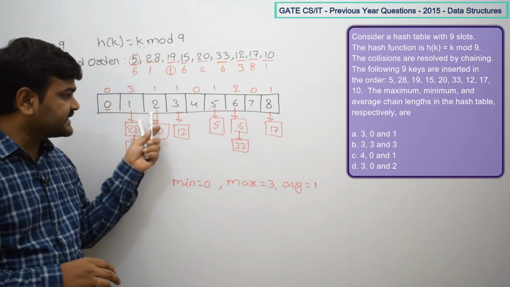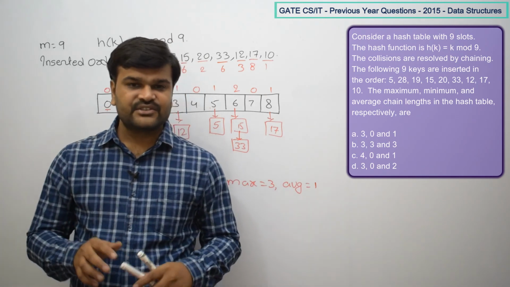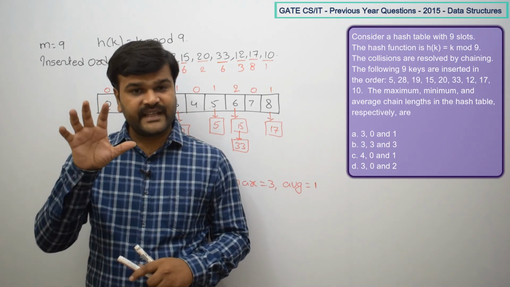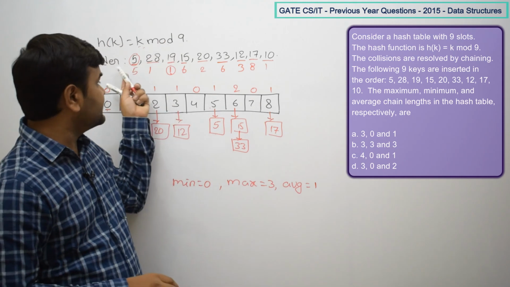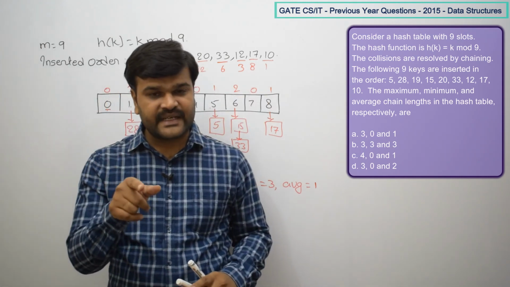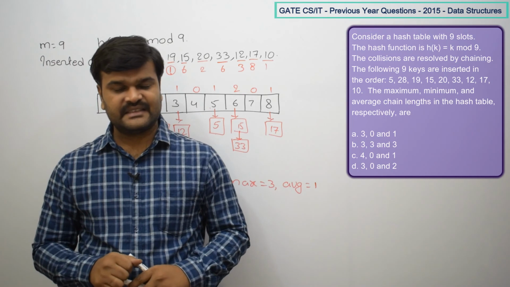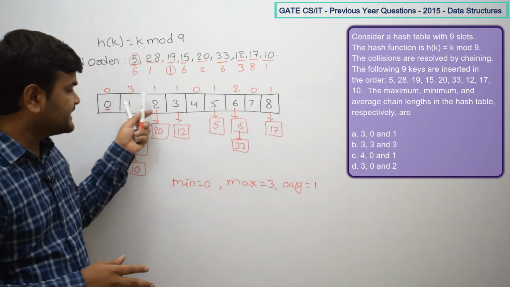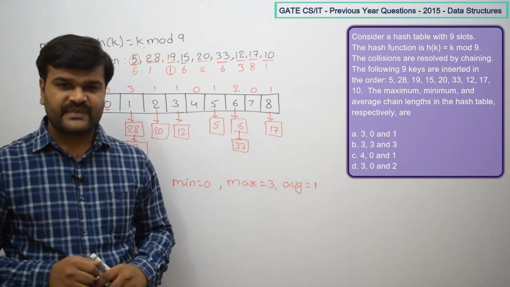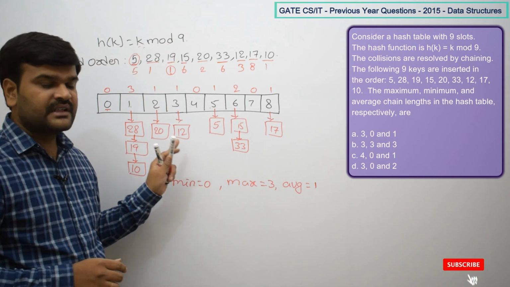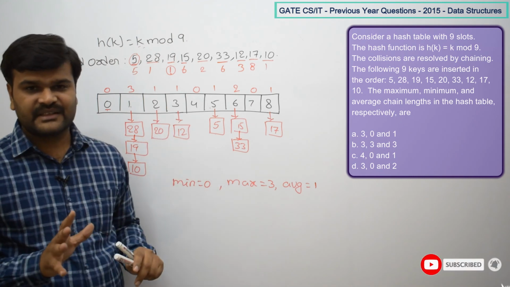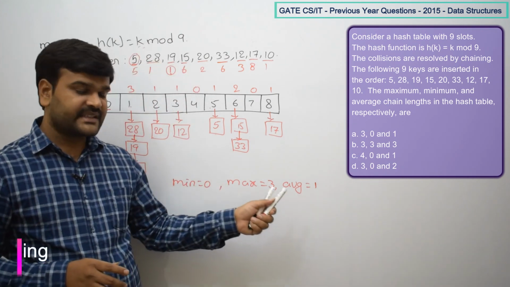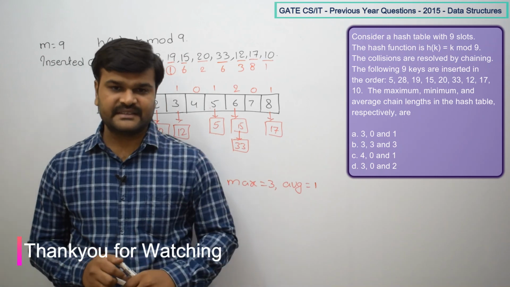You need not construct the entire hash table. In case of average chain length, how many elements are there overall, divided by the total number of locations, always gives the average chain length. Only for min and max do you have to construct it. So the answer here is 0, 3, 1 respectively for min, max and average chain lengths.